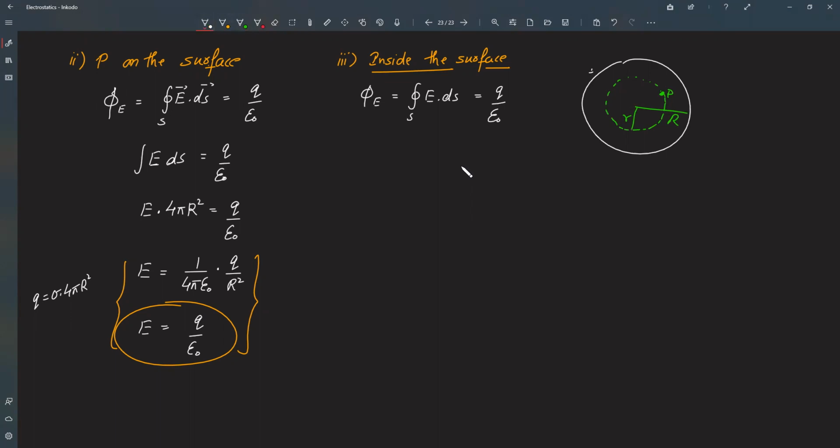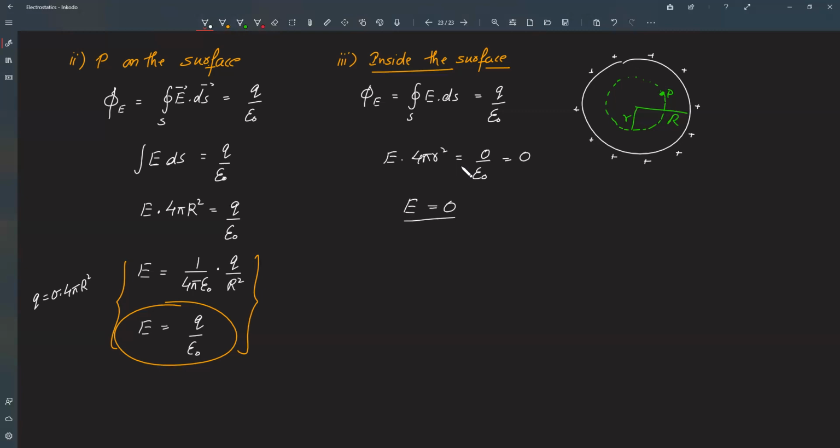But all the charges are on the surface. That means there is no charge in the interior of this shell. So Q is 0. So whatever this E dS will give you, E into S, which we know will be 4 pi r square, that will be equal to 0 by epsilon naught, which is equal to 0. That means this E is also equal to 0.